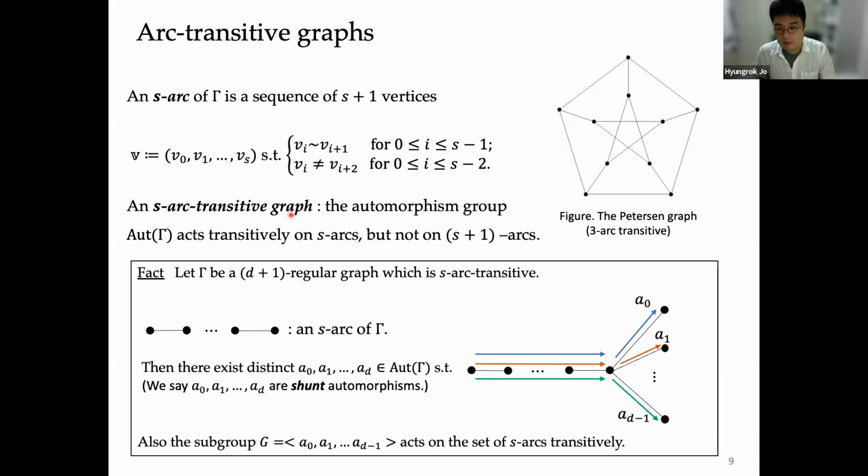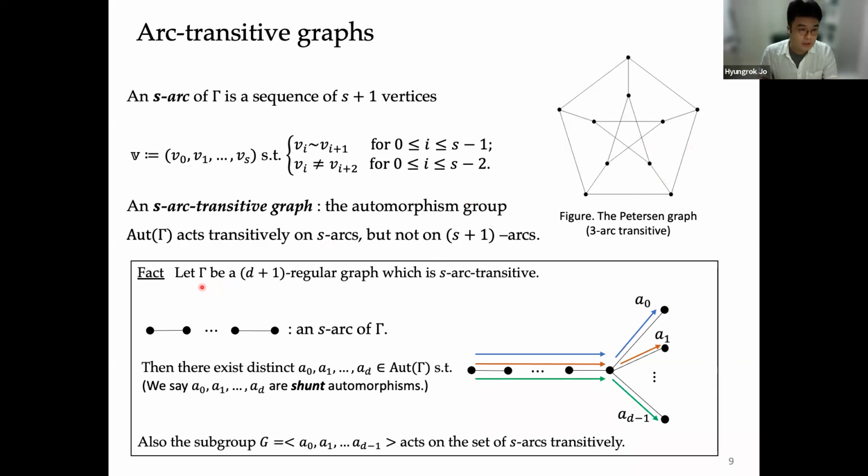An s-arc-transitive graph is one whose automorphism group acts transitively on s-arcs, but not on (s+1)-arcs. So in the figure, it is 3-arc-transitive, and we call it the Petersen graph. Every directed path of 3 edges in the graph can be transformed into any other such path.